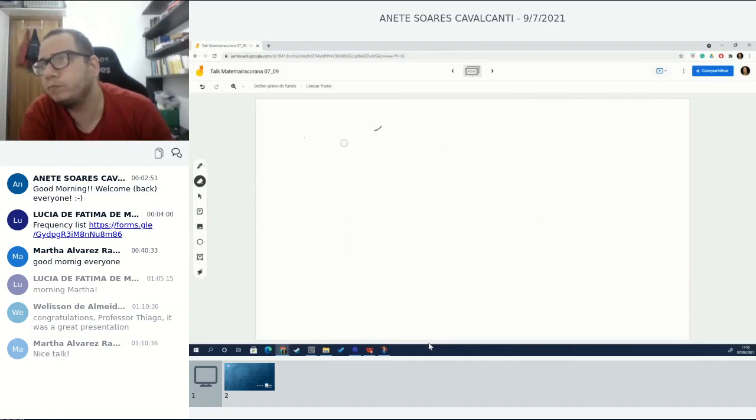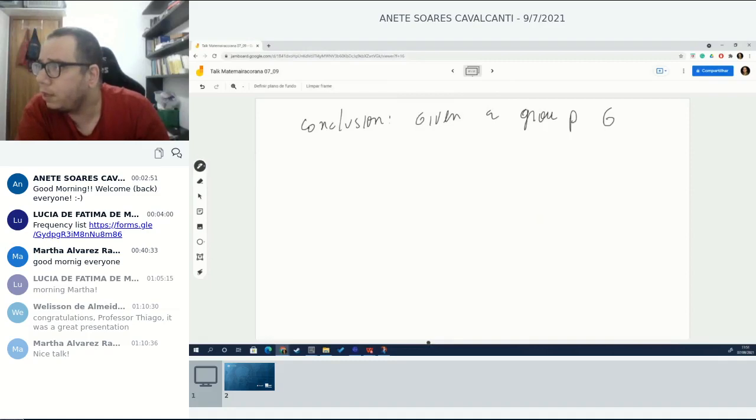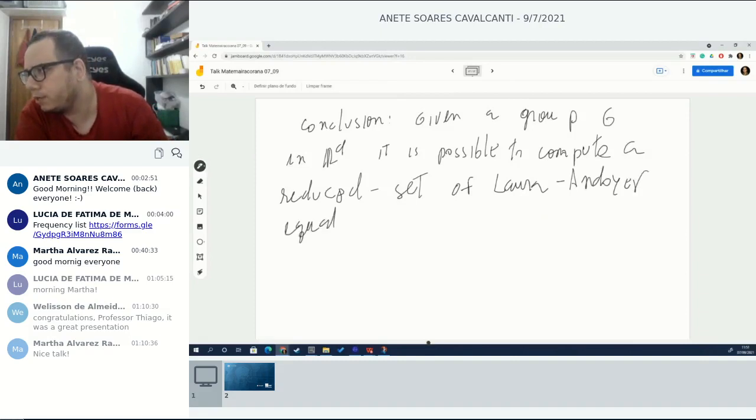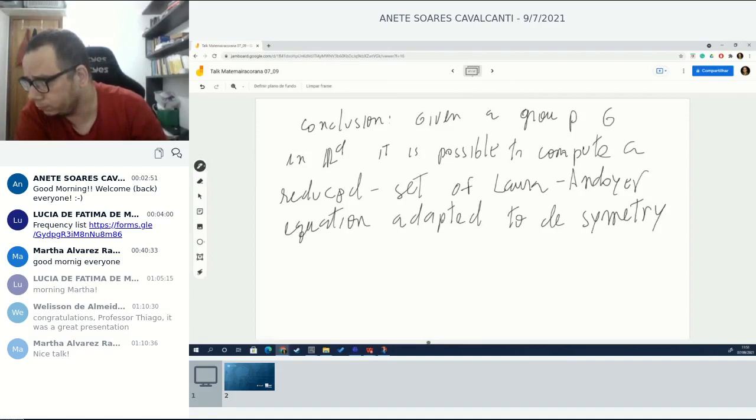Conclusion, given a group G in S_D, it's possible to compute a reduced set of Laura-Andoyer equations adapted to the symmetry.